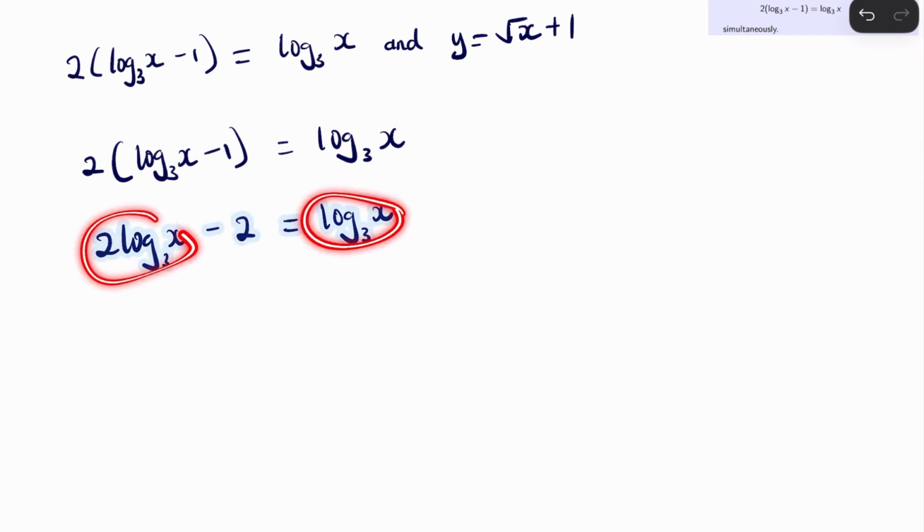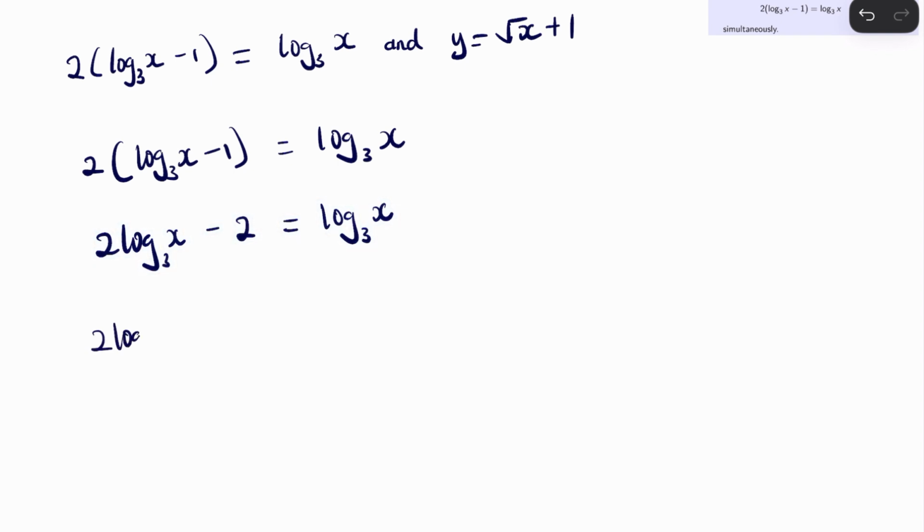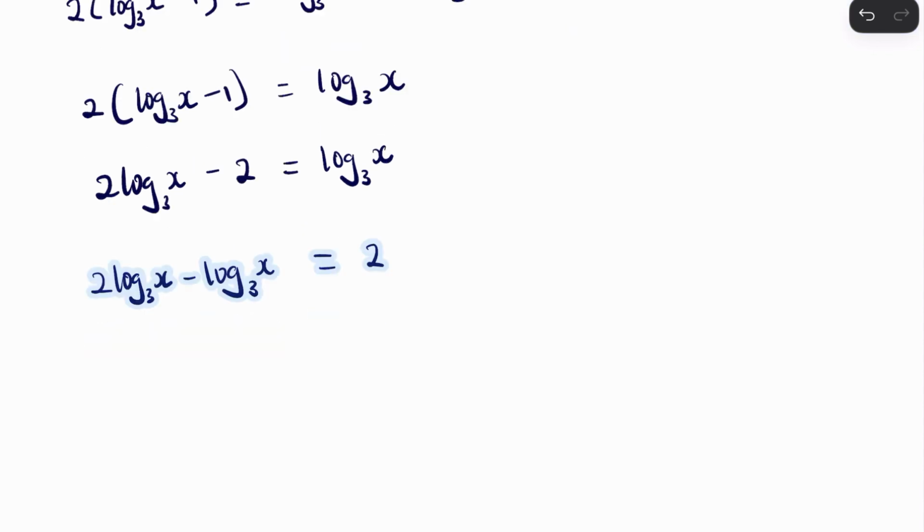These two are like terms, so we move this to the left hand side. That's 2 log 3x - log 3x equals, then you move the 2 to the right hand side, so that's 2. The left hand side is log 3x = 2.